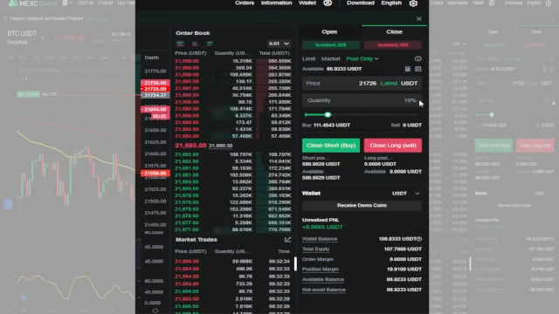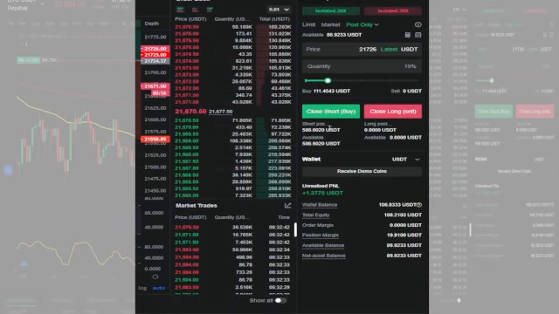If I were to expand or bring back this little slider right here, that would in essence increase this and make it an order going in the opposite direction. And I don't want that. I want it to close the short or the long that I'm in, so I'm not gonna mess with that slider.